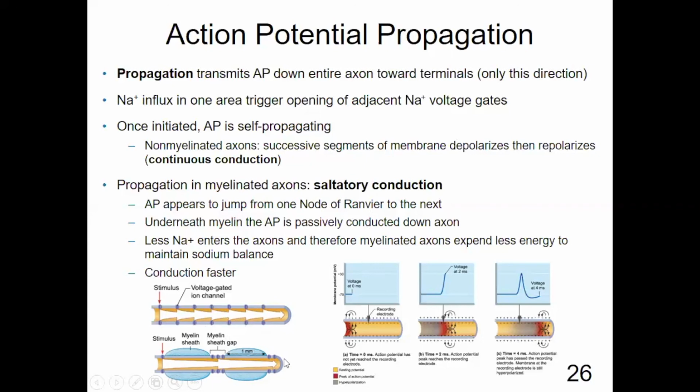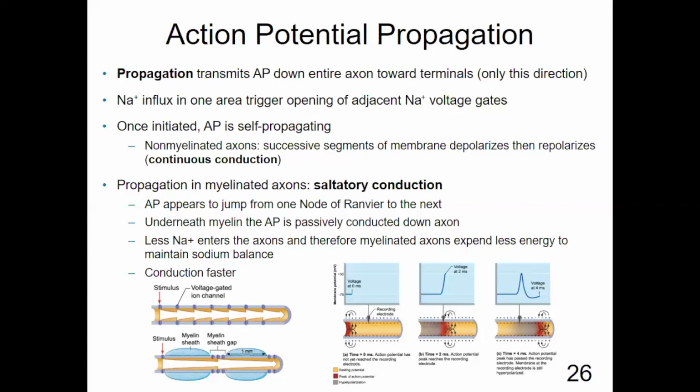The advantage to saltatory conduction is, number one, it's faster, and number two, with fewer of those voltage-gated sodium channels, we have less sodium entering the axon in order to convey the same information. And this is important because the cell has to spend energy to maintain the appropriate concentration of sodium inside the cell.